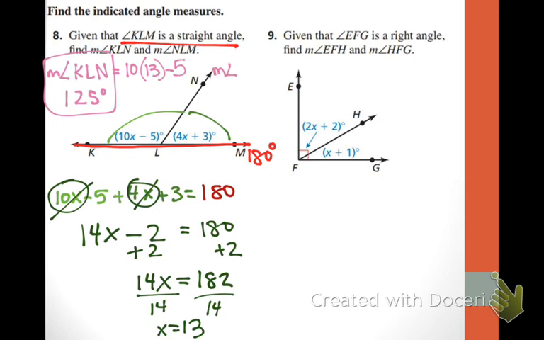The measure of angle, what's the other one? NLM. So we got 4 times 13, which is indeed 52. 52 plus 3 is 55. So what should these two angles add up to? 180. Do they add up to 180? Yes, cha-ching.